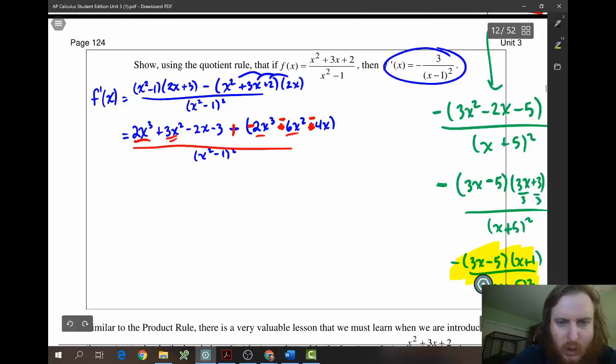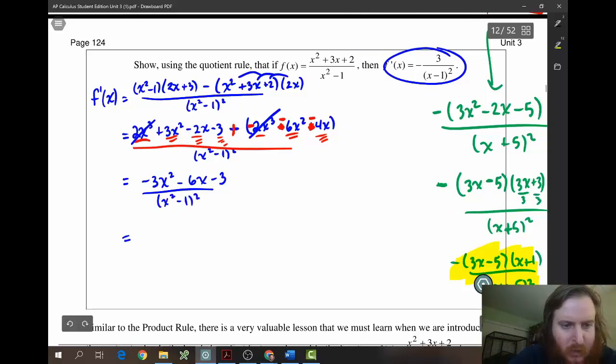Anything with a squared, I'll underline twice. X I'll do 3 times, and then the number will do 4 times. So this ends up giving us the 2x cubes cancel out. 3x squared minus 6x squared is negative 3x squared. Negative 2x, negative 4x gives negative 6x minus 3. All divided by x squared minus 1 squared.